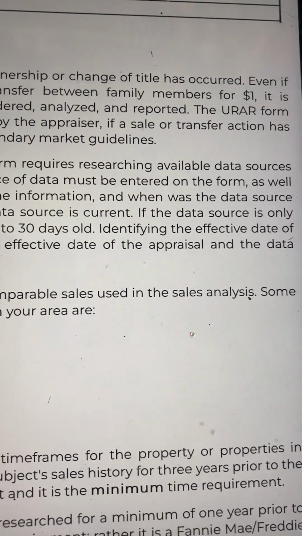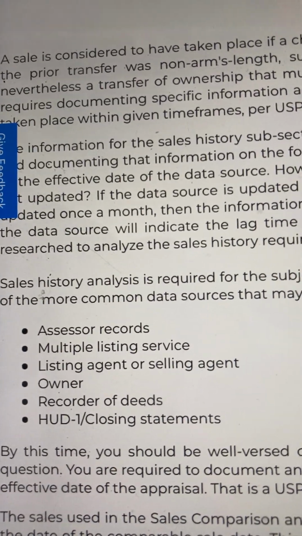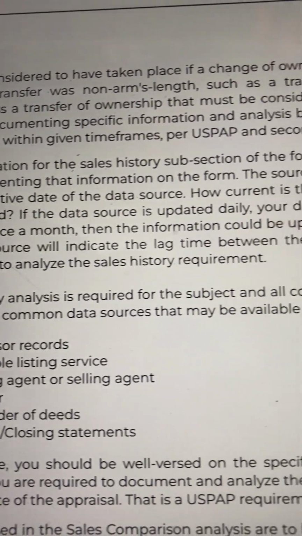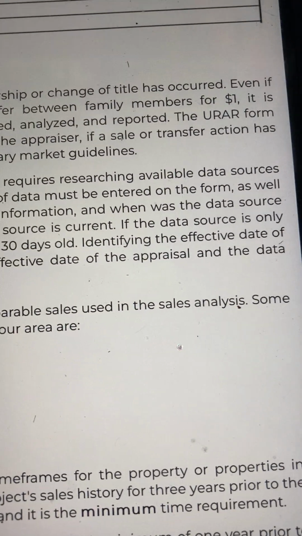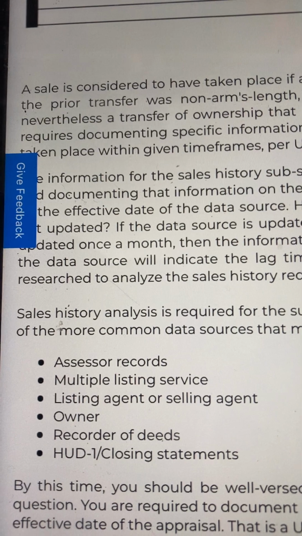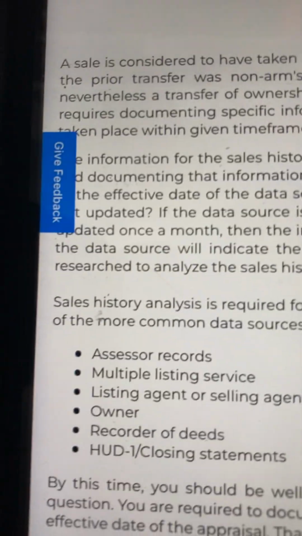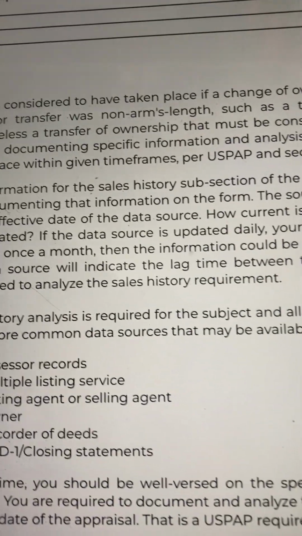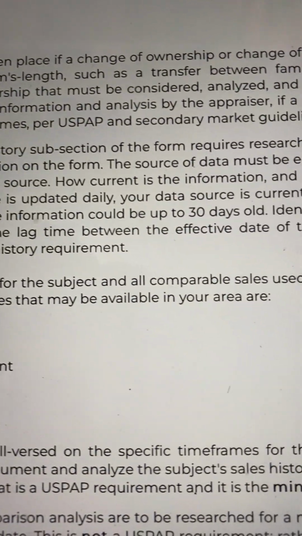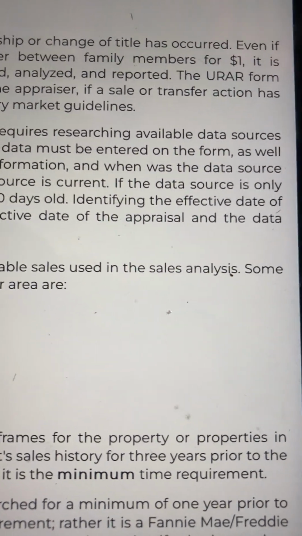Identifying the effective date of the data source will indicate the lag time between the effective date of the appraisal and the data research to analyze the sales history requirement. Sales history analysis is required for the subject and all comparable sales used in the sales analysis.